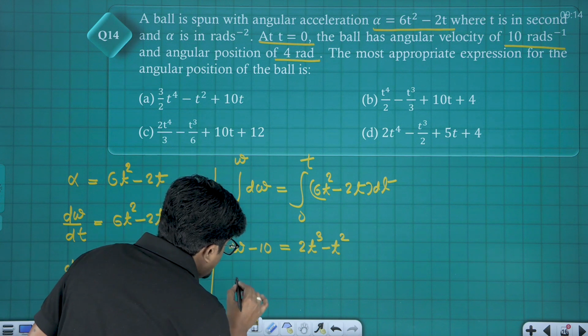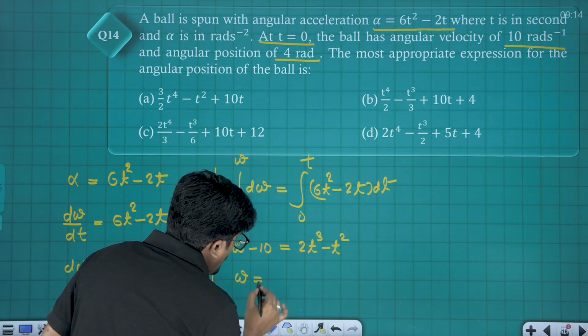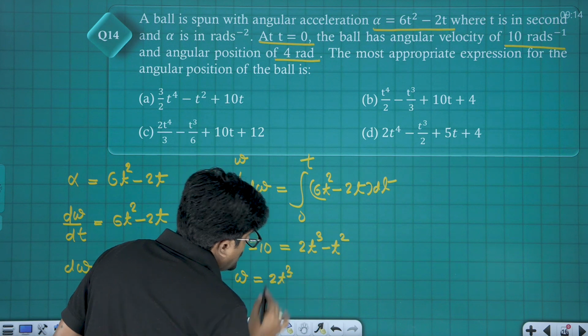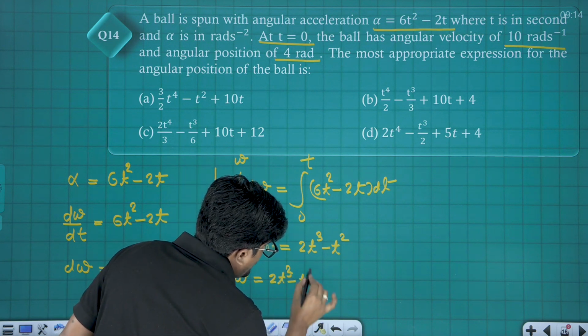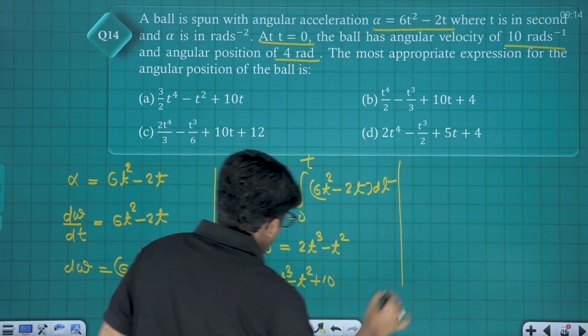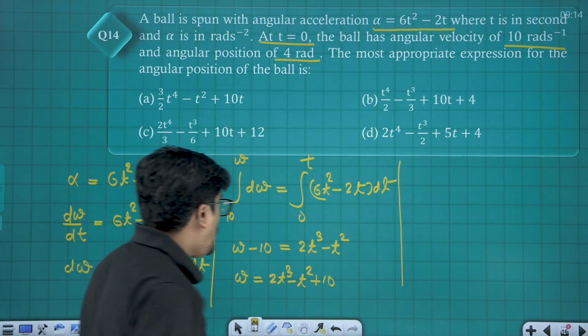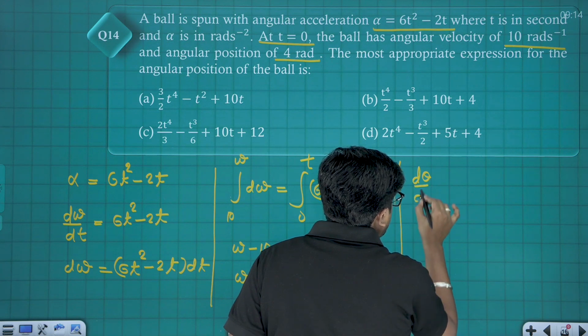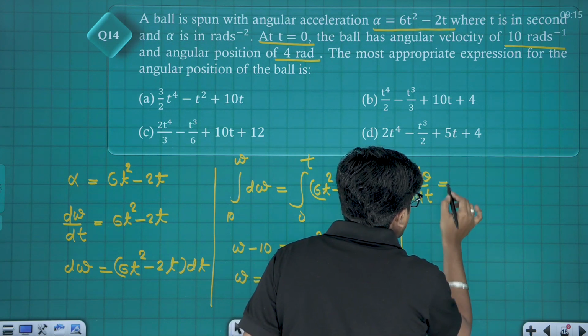Now let me rearrange this. Omega is now equal to 2t cube minus t square plus 10. Alright. Now we know omega is what? d theta by dt is omega.